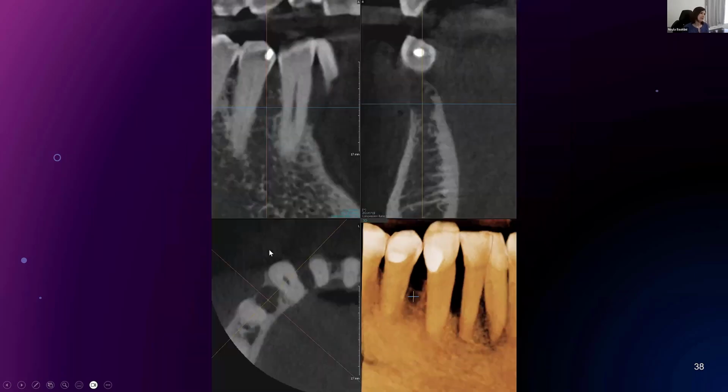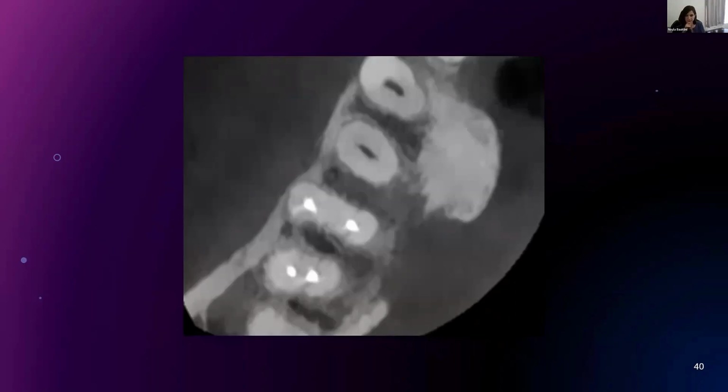And then the next slide is the lesion between number 27 and 28, which is also a low-density lesion causing thinning, interruption of the buccal cortex, interruption of the lamina dura also on the adjacent teeth. And this was a case of lateral periodontal cysts between 26, 27, and 27, 28.